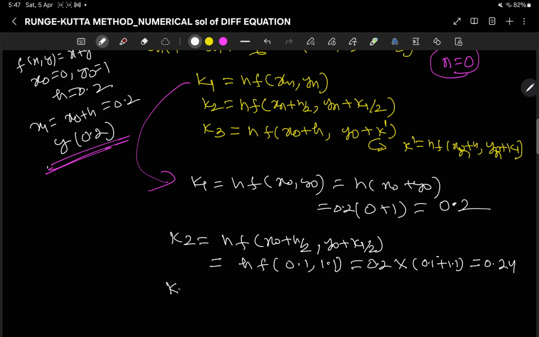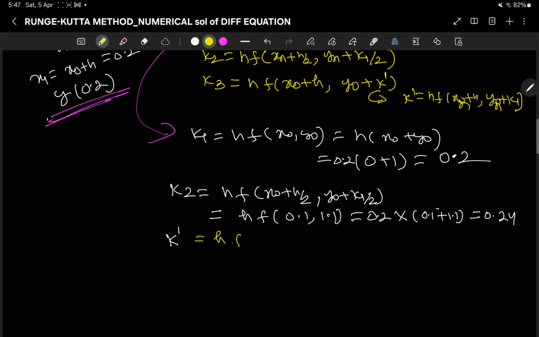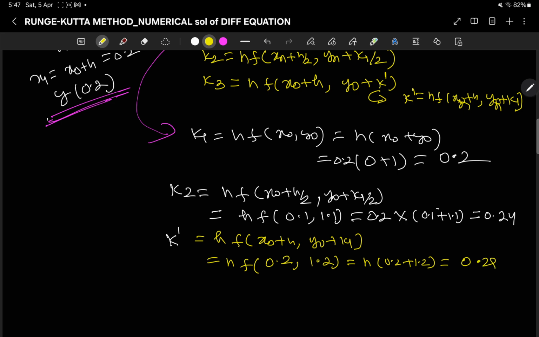Then you find k dash, it is h f(x0 plus h, y0 plus k1). So this is equal to h f(0.2, 1.2). So this is equal to h into (0.2 plus 1.2) and it will be 0.28.